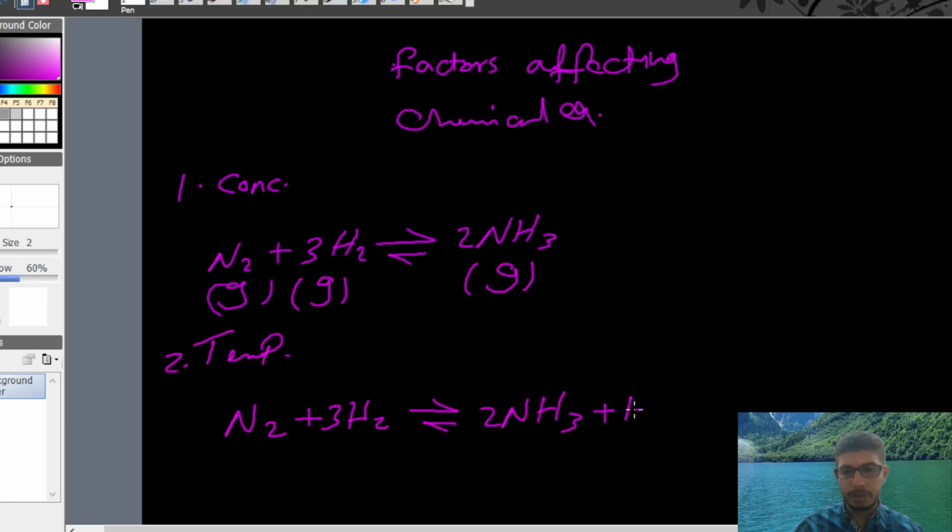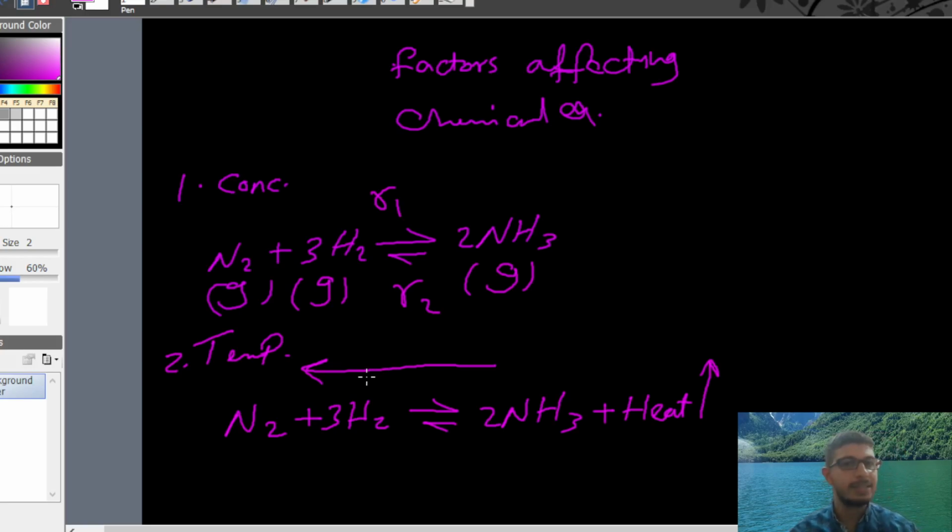That means I will put the heat energy next to the products, right? Let's imagine increasing the temperature. What will happen to the equilibrium? If I increase the temperature a bit, this will lead to the shifting of the equilibrium towards the backward reaction. This is the forward reaction, and this is the backward. So if I increase the temperature here, the reaction will shift to the backward direction, right?